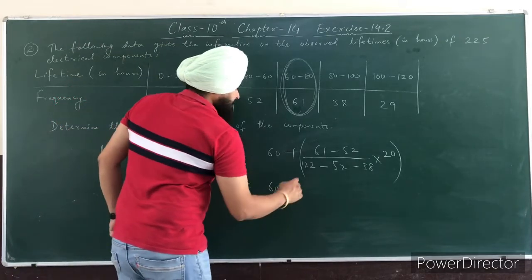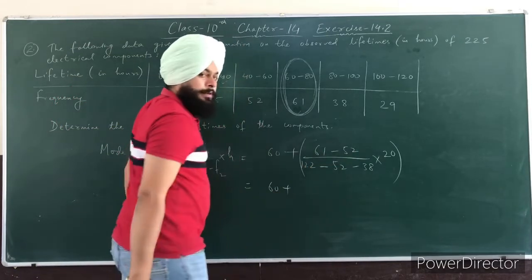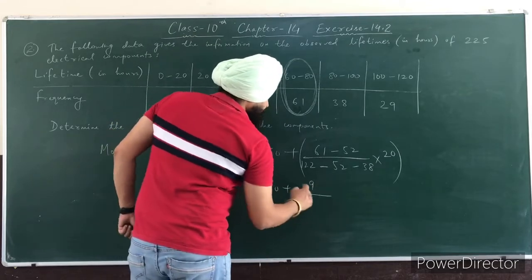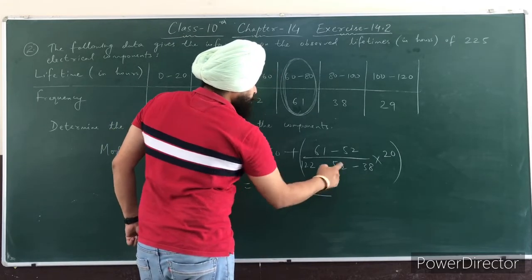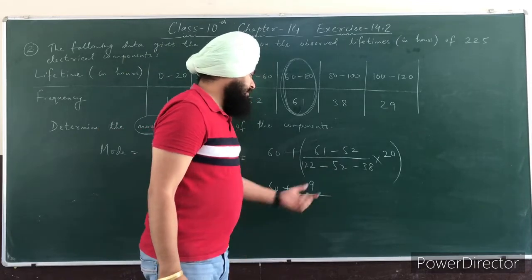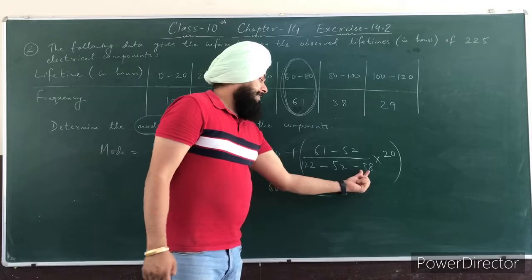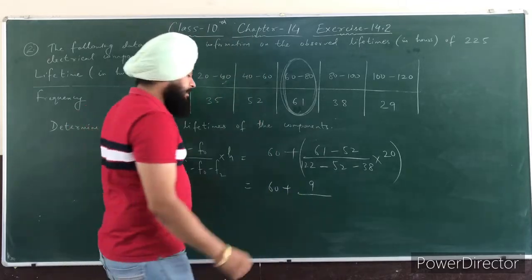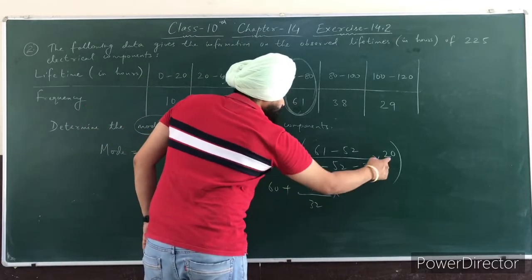Now 60 plus 61 minus 52, it is 9, divided by 122 minus 52. How much? It is 2 minus 2 is 0, 12 minus 5 is 7, so 70. 70 minus 38 is 32, into 20.